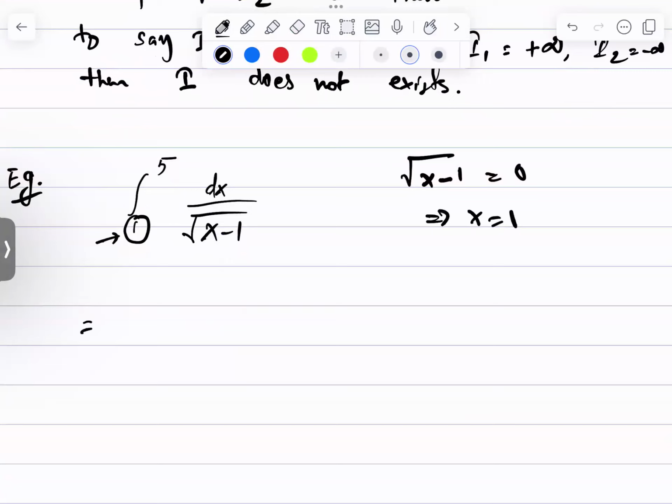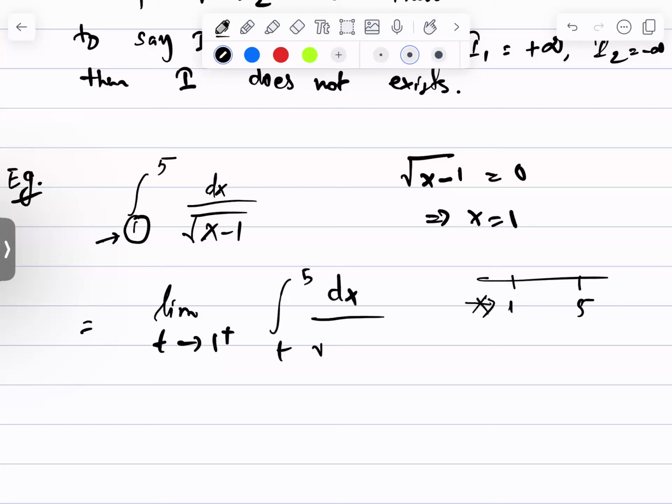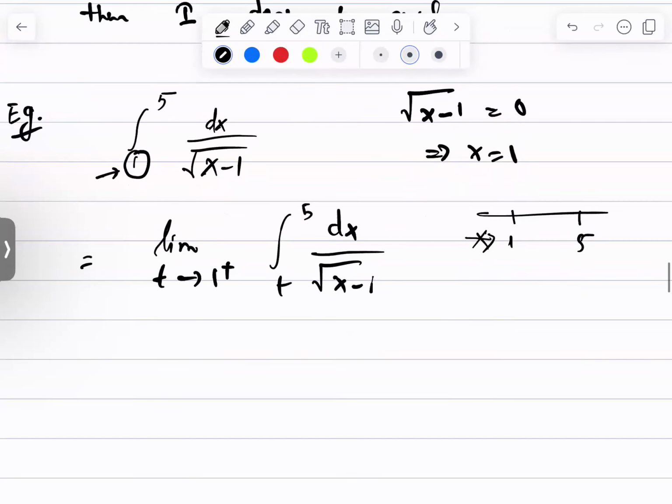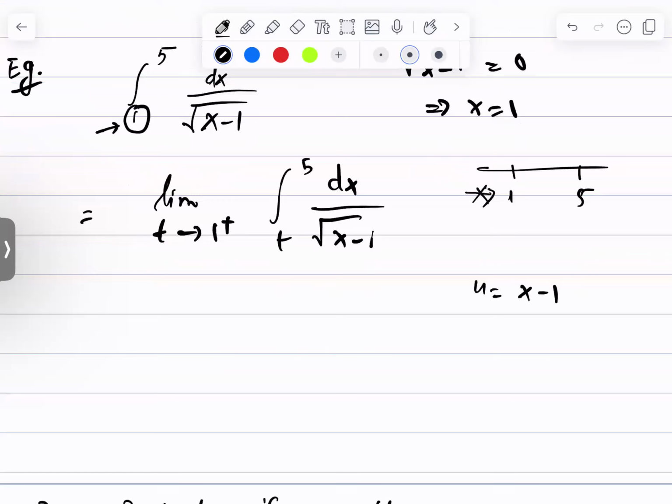So what I will do is take the limit t tends to 1 plus or minus. So this is my interval, 1 to 5. If I go from the minus side, left of 1, then it will not be inside the interval of integration. So therefore I should go from the right side of 1, which is denoted by 1 plus. So this is t to 5, dx over root x minus 1. Now you take the substitution u equals x minus 1.